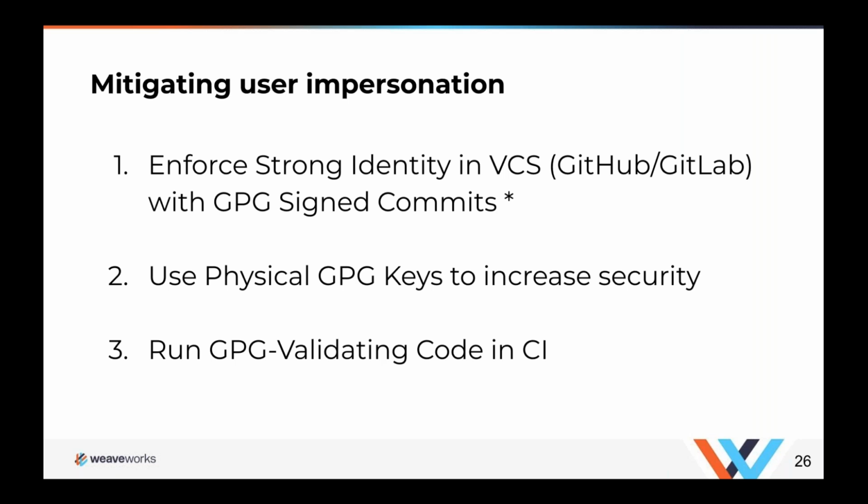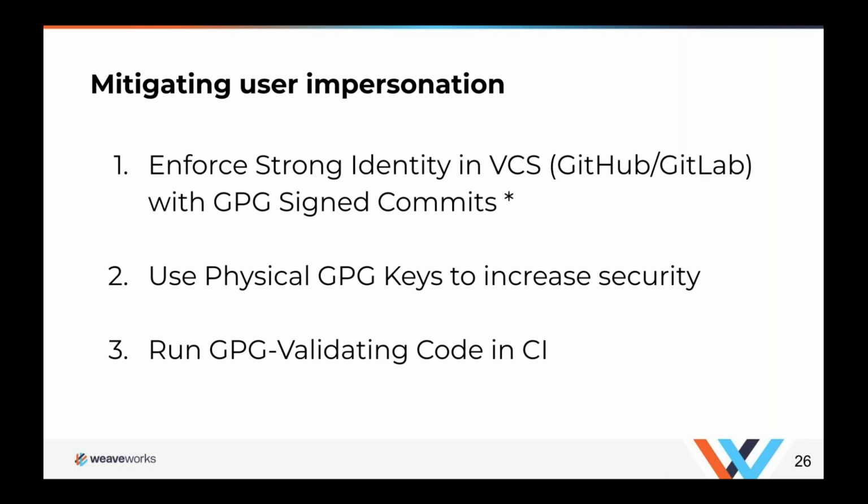This is significantly improved if you use things like physical GPG keys. You can get USB tokens for maybe $10 to $20. You can plug them into your machine and sign a commit. The private key never leaves the physical token, and then you can just pull out the key afterwards when you're done with that signature.